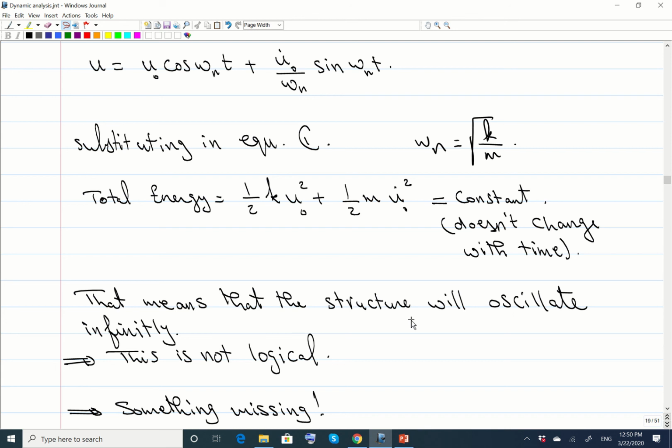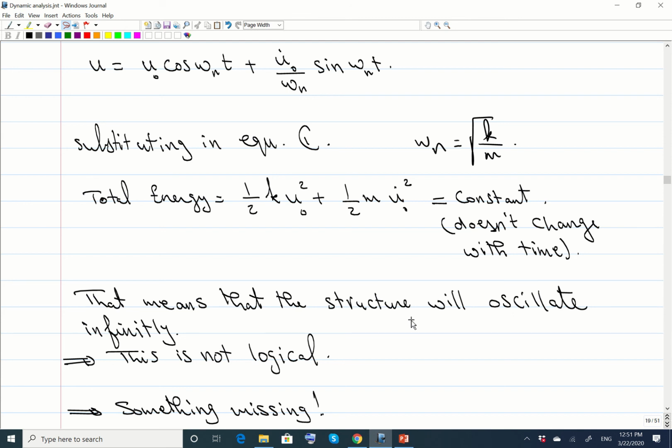Imagine you apply an initial displacement on a pendulum and then you leave it. It's going to oscillate back and forth, but not infinitely. Maybe 10, 20, 30 seconds, until it stops moving.